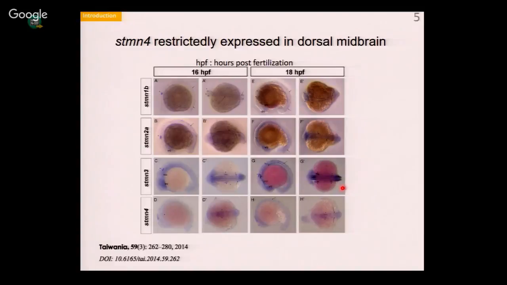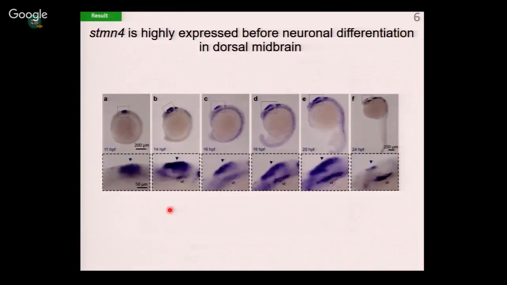So they started to investigate the Stathmin4 expression pattern during midbrain development of zebrafish embryos by performing whole-mount in situ hybridization. The representative photographs are shown only after 11 hours post-fertilization because Stathmin4 was not expressed before then.